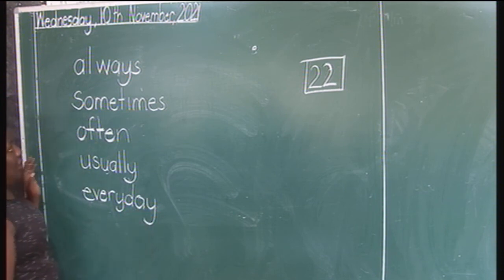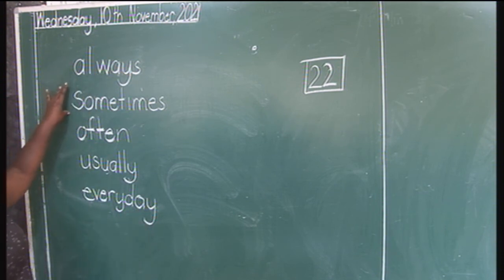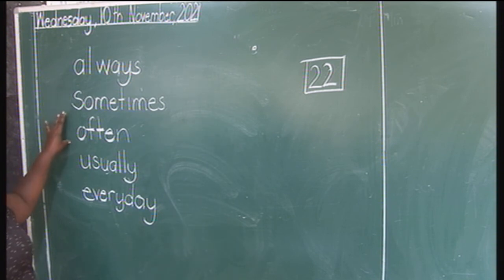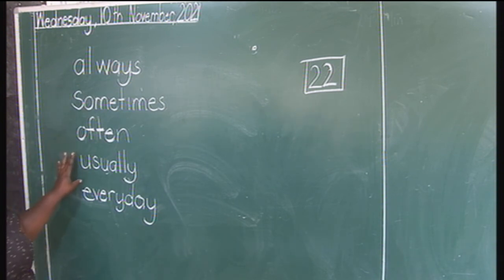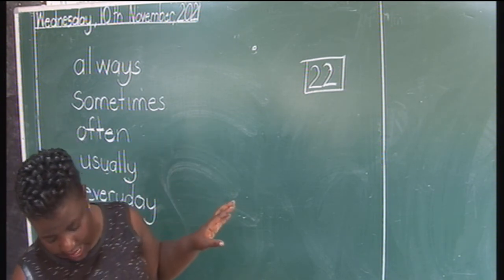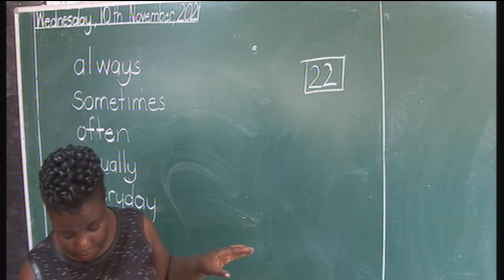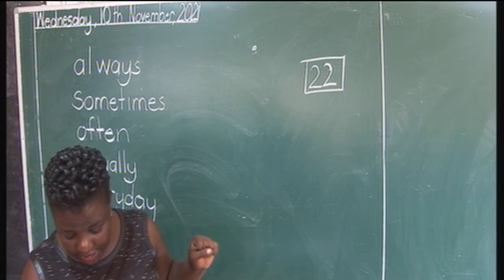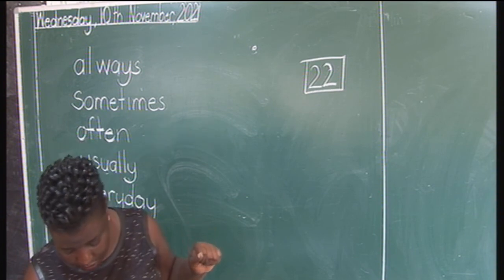We have always, we have sometimes, we have the word often, we have usually, and we have every day. And here are some of the examples. He always drinks boiled water.